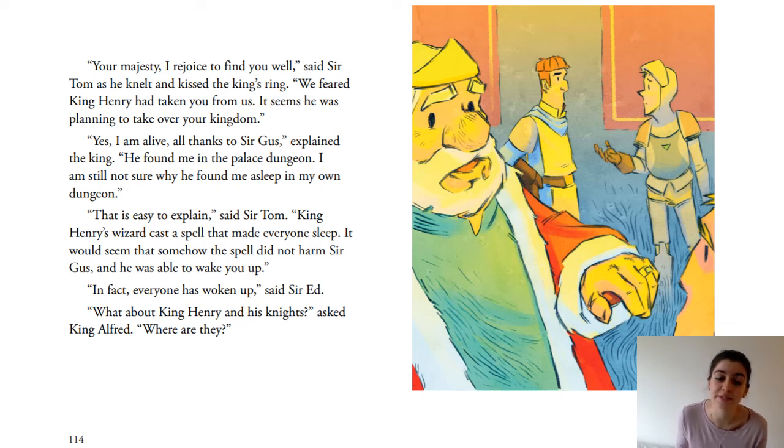"That is easy to explain," said Sir Tom. "King Henry's wizard cast a spell that made everyone sleep. It would seem that somehow the spell did not harm Sir Gus, and he was able to wake you up." "In fact, everyone has woken up," said Sir Ed. "What about King Henry and his knights?" asked King Alfred. "Where are they?"